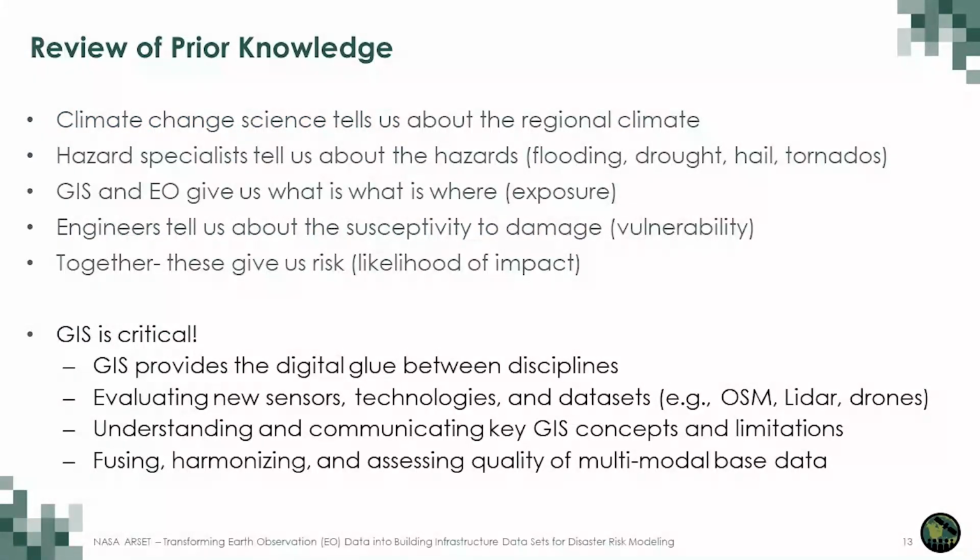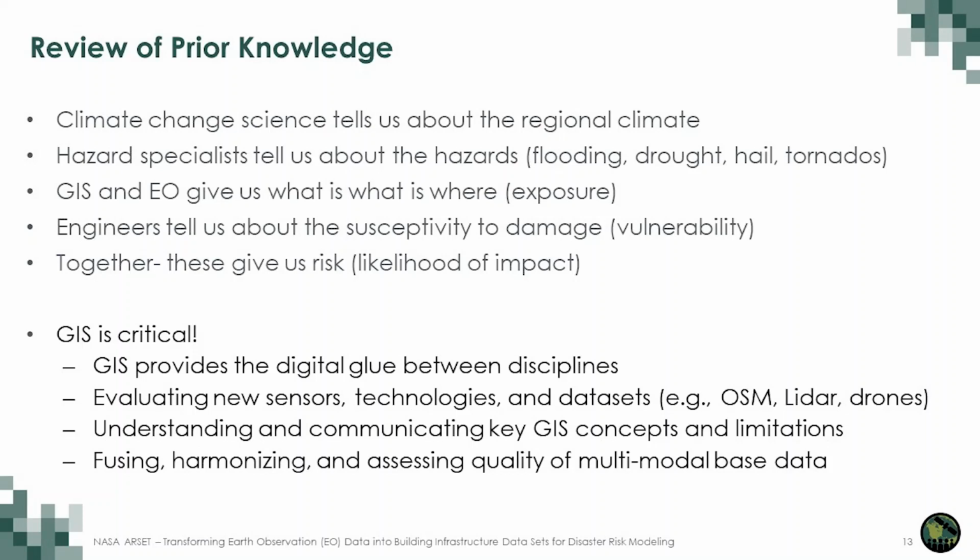So a quick review of prior knowledge. Climate change science tells us about the regional climate. Hazard specialists tell us about the hazards. GIS and Earth observations give us an idea of where that exposure is. And engineers tell us about the susceptibility to damage, or vulnerability.